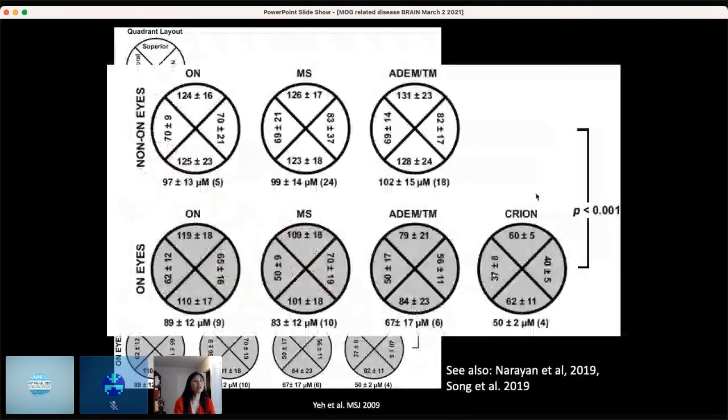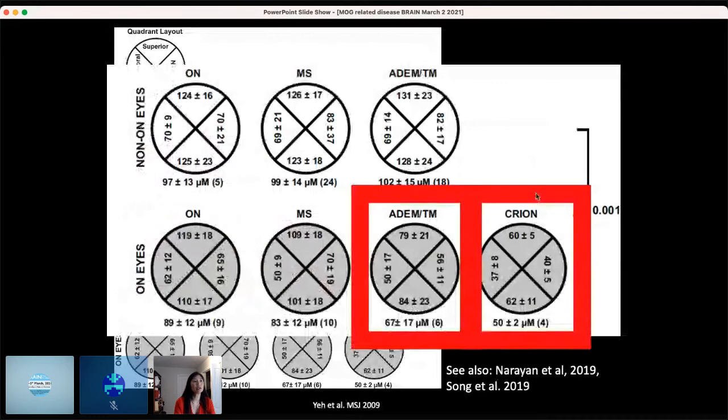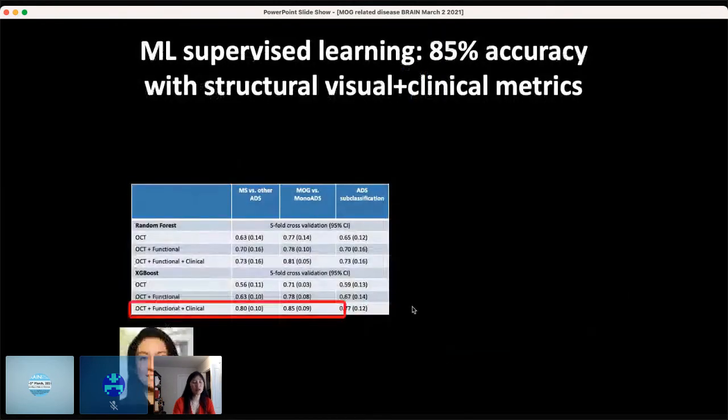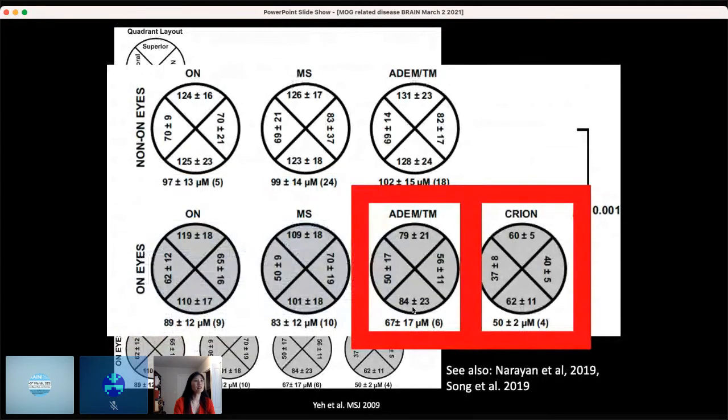We looked at this previously in children who were likely MOG antibody positive, and it demonstrates the marked decrease in retinal nerve fiber layer thickness, from 100 to 67 and 100 to 50, in children fitting the phenotype of MOG antibodies.